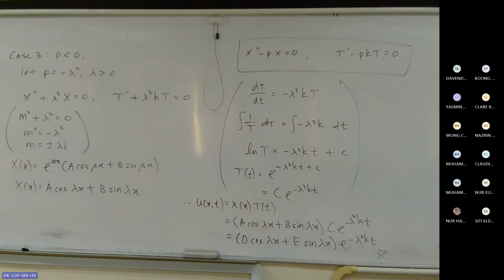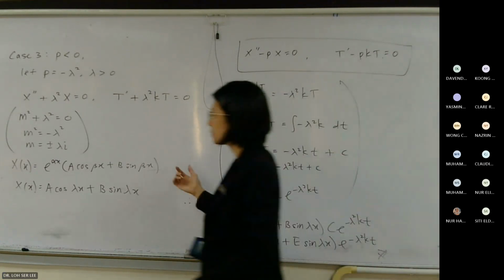In the general case you have 3 solutions, but for the particular case with the given boundary conditions and initial conditions, you will get a unique solution. Unique solution means you have only one solution. Any question?